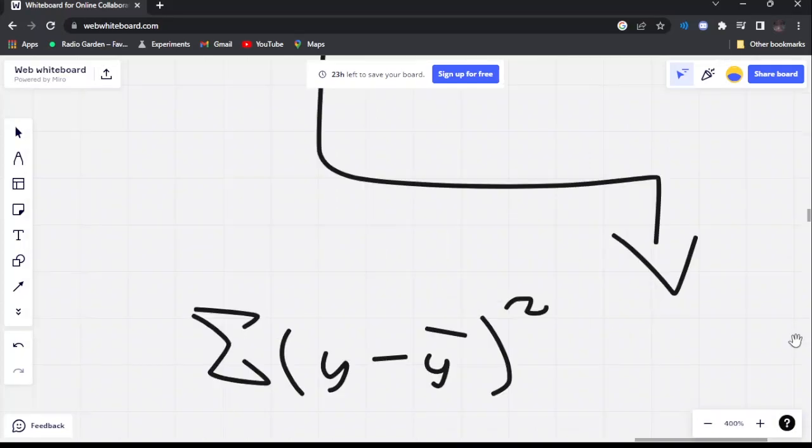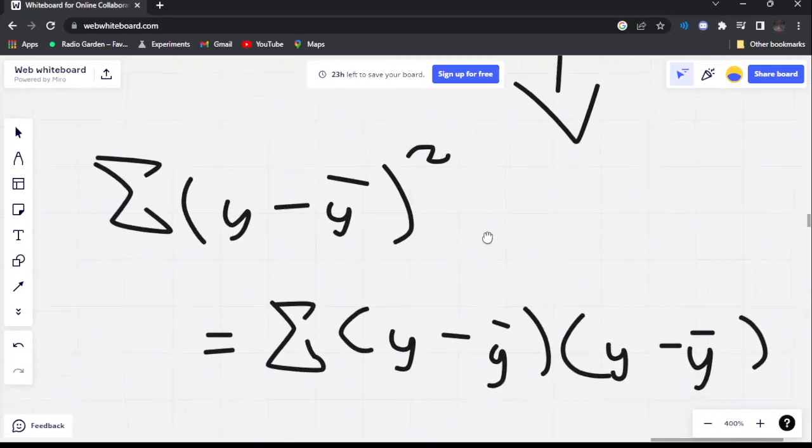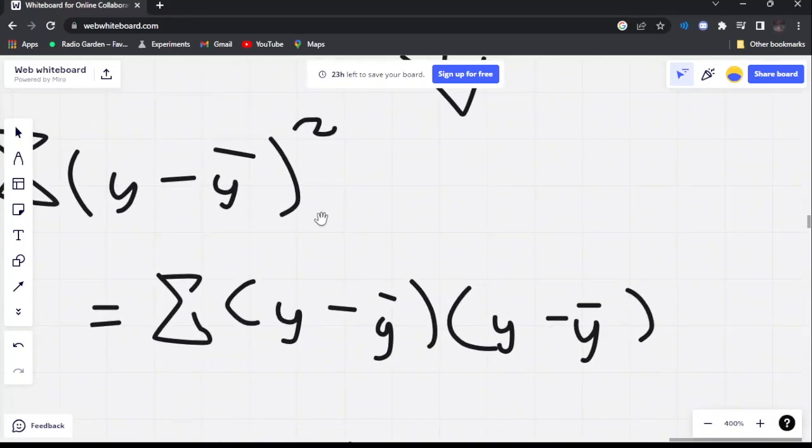So the same thing goes for the standard deviation of our y here. We first need to expound this term right here, which is y minus y bar squared. Expounding it would result in this set of terms.